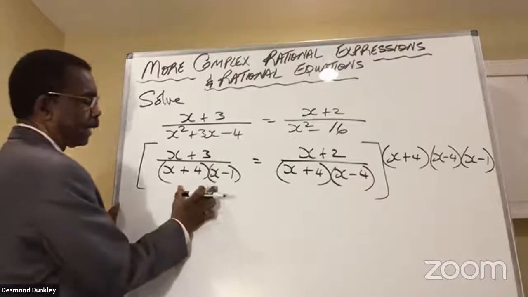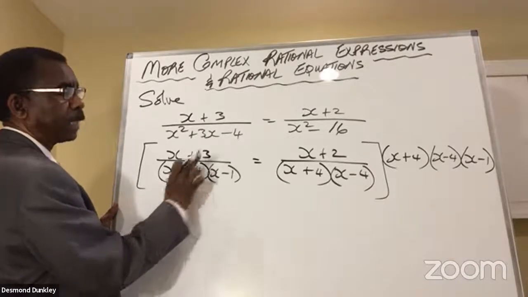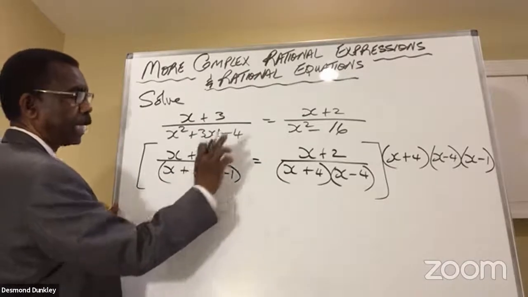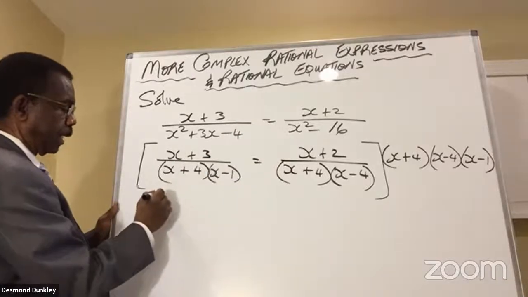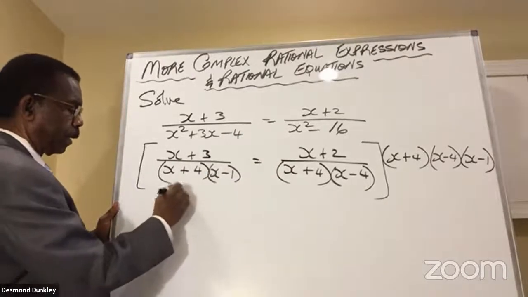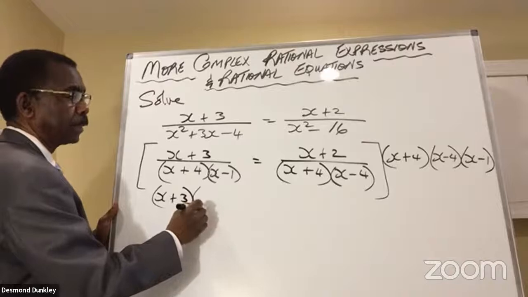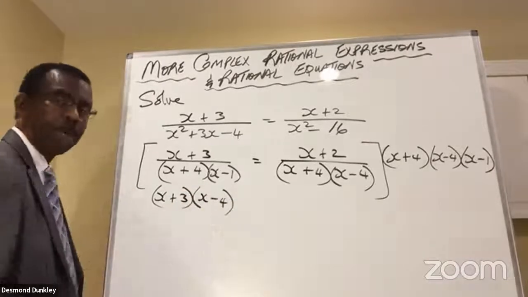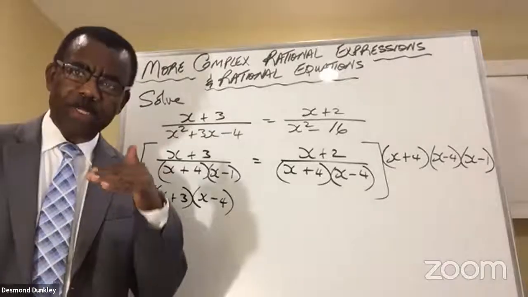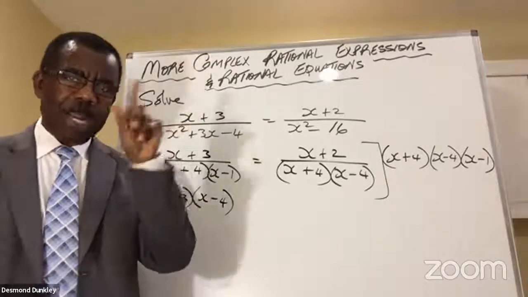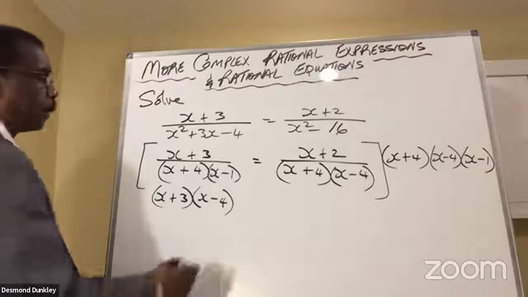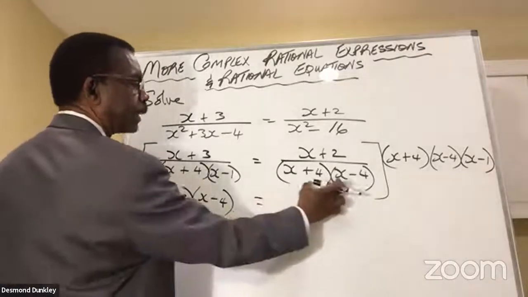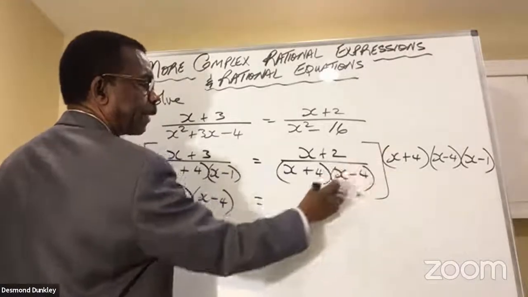So when I multiply this, the x + 4 cancels the x + 4, the x - 1 cancels the x - 1, and we're left with (x + 3)(x - 4). I hope you're paying attention because this took us to another level. We never had one of these before. And now this, when I do the same thing, we're left with x - 1.